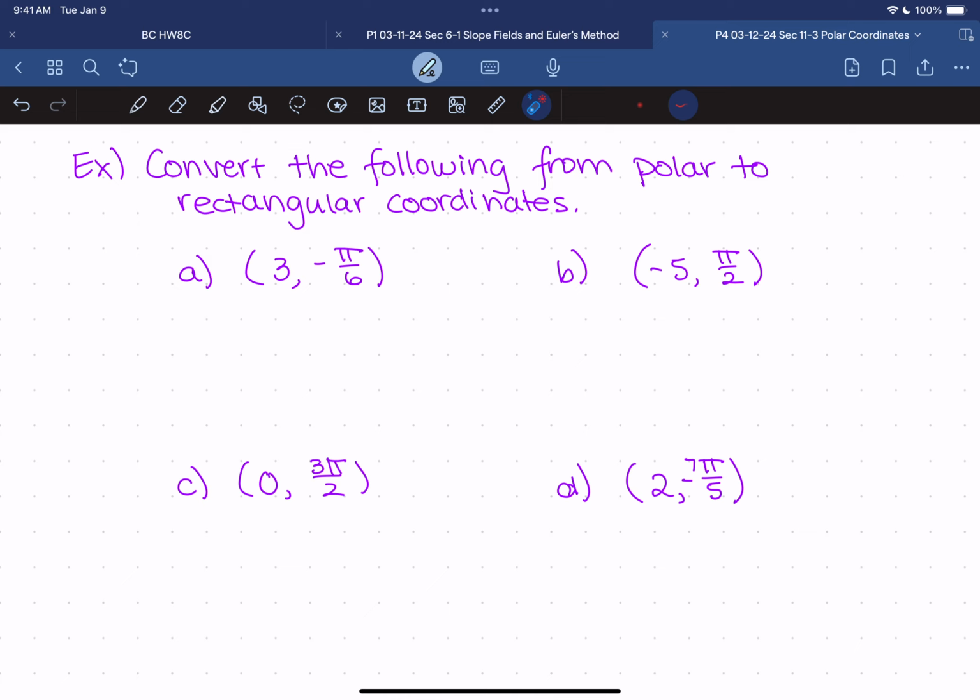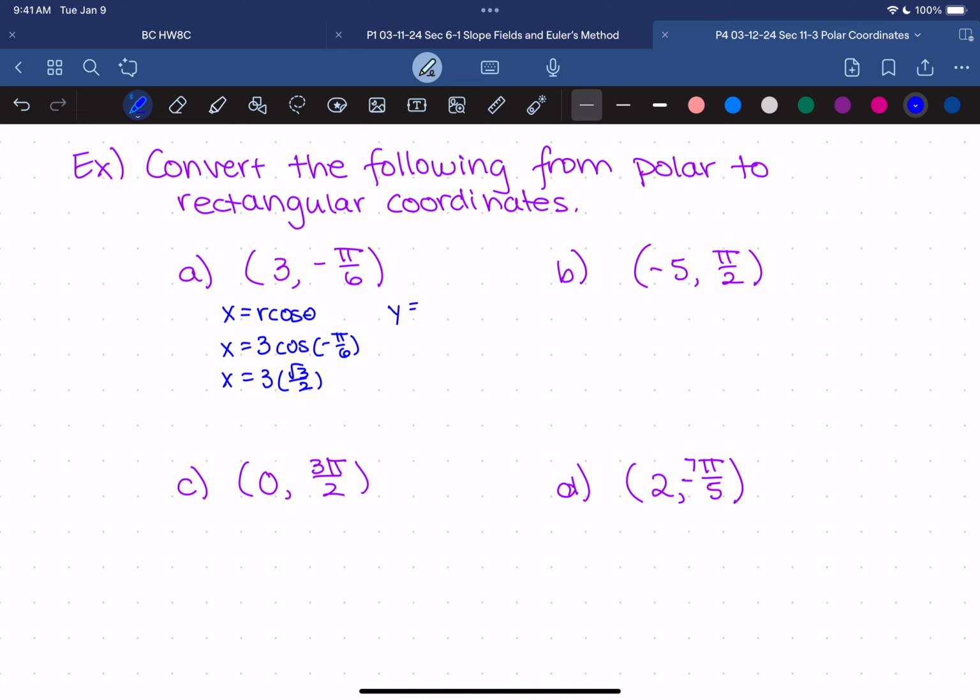It's probably whatever's easiest for you. I'm going to use formulas for the first one. So x is r cosine theta. So x is 3 cosine negative pi over 6. Cosine of negative pi over 6 is root 3 over 2. So there's my x.